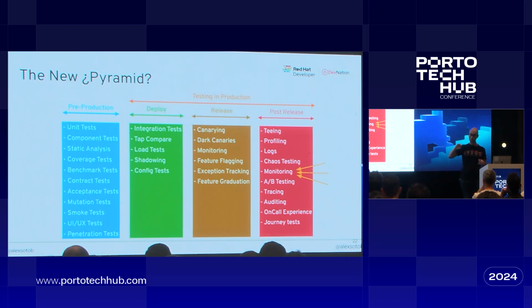Monitoring, as I said, is super important. Always monitor your application, because this is how you can verify which of the old version and the new version works better, right? So if you don't monitor, you never know if the new one works better than the old one. And there's also tracing, auditing, on-call experience, and also journey tests.